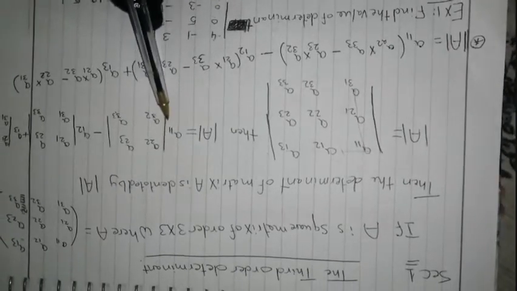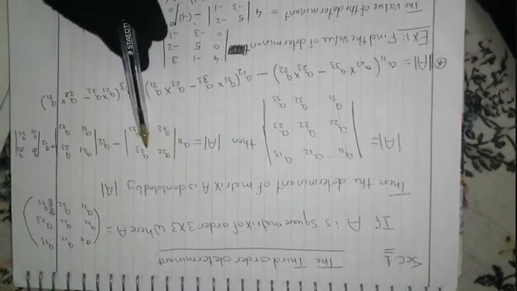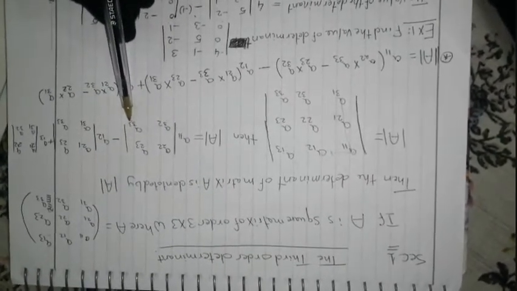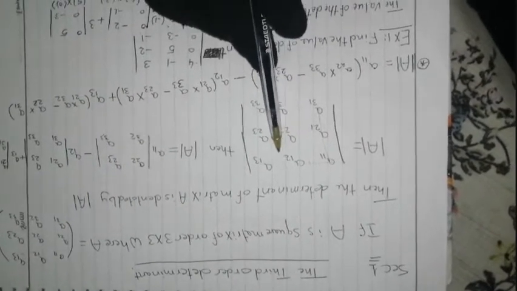A11 times the minor determinant A22, A23, A32, A33, minus the second element in the first row. What is the second element in the first row? A12.